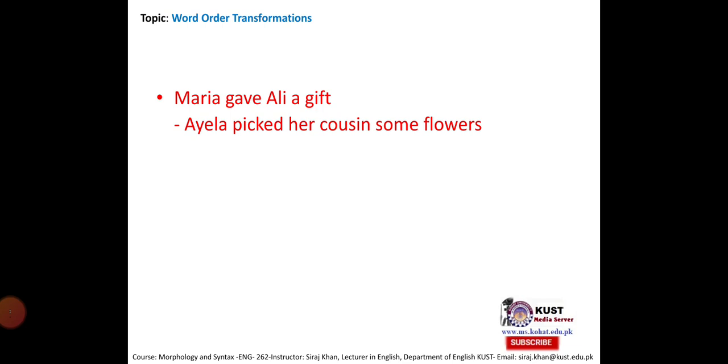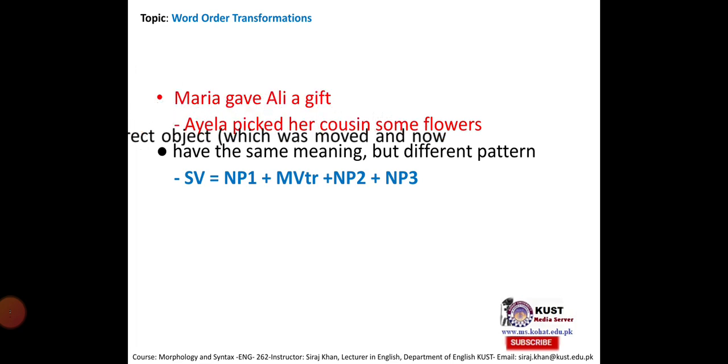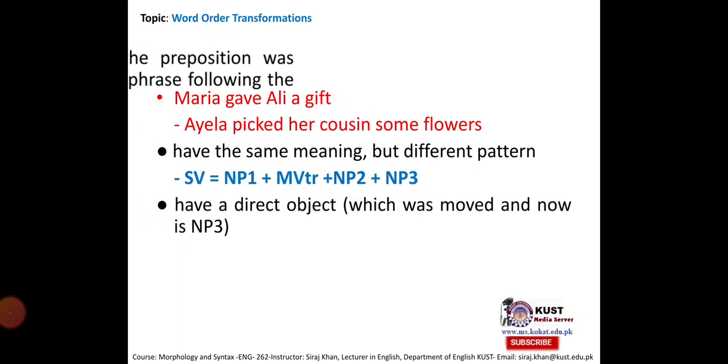So the pattern is equal to noun phrase 1 plus main verb transitive plus noun phrase 2 plus noun phrase 3. They have a direct object which was moved and is now noun phrase 3. They have an indirect object, the preposition was deleted, and it is the first noun phrase following the transitive verb, noun phrase 2.